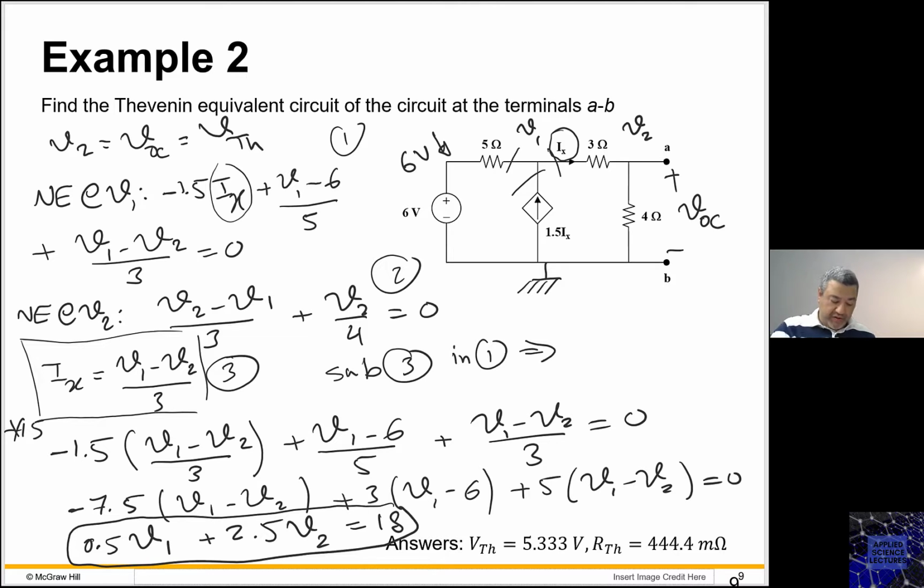Right? Rearranging the second equation as well, multiply by 12. So what do we get?